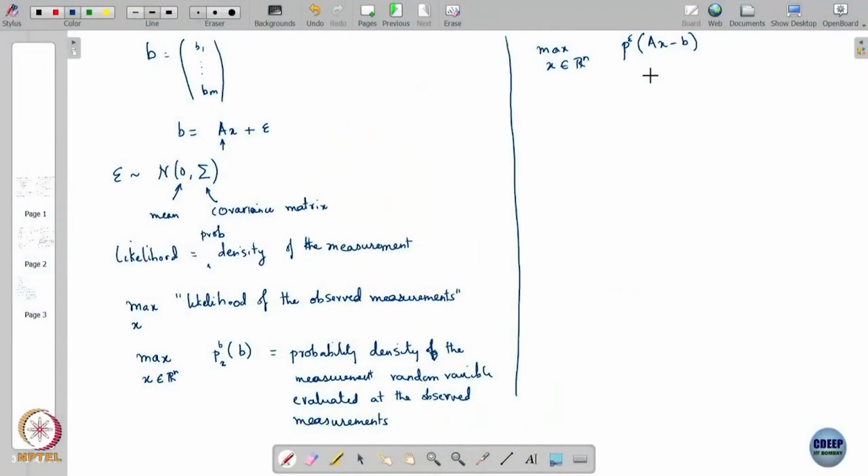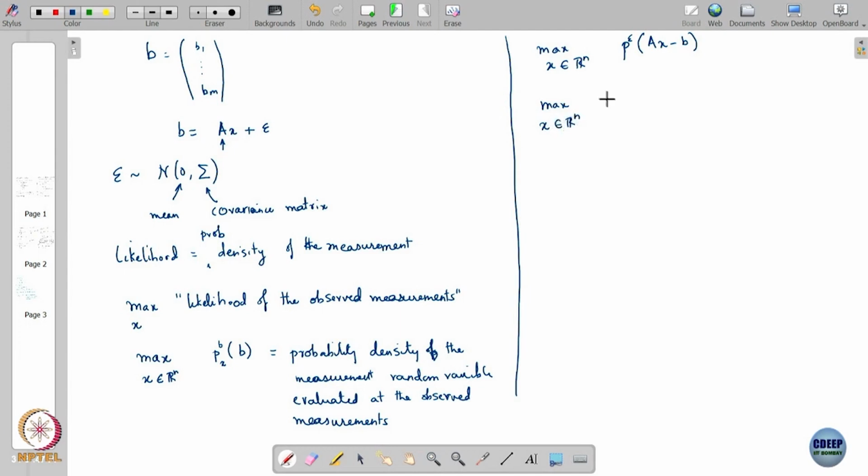Now, it's convenient to take the log of the probability, because log is a monotone function that does not affect the optimization. So, instead of doing a maximum likelihood, you do a maximum log likelihood.